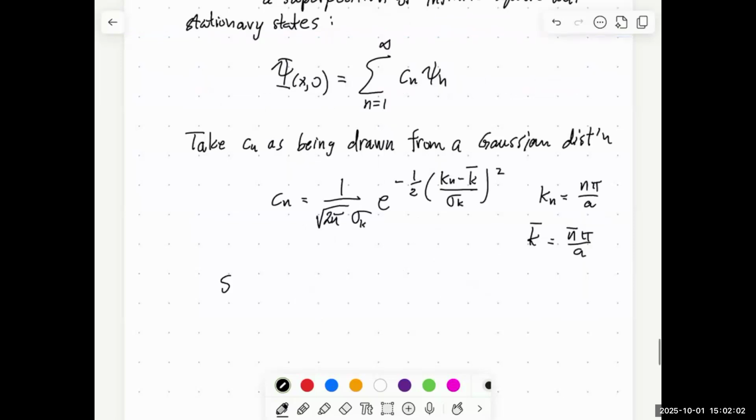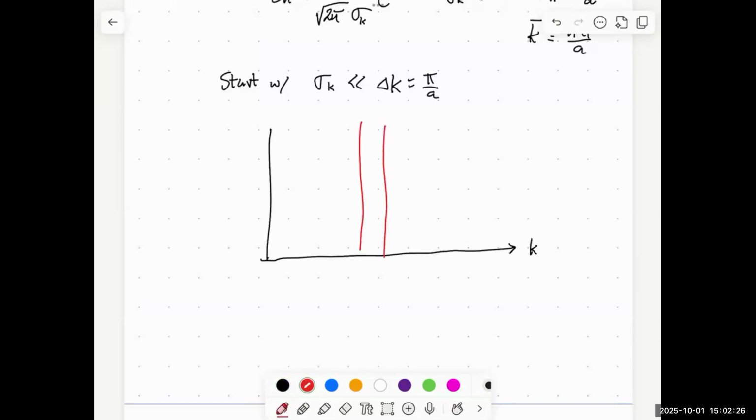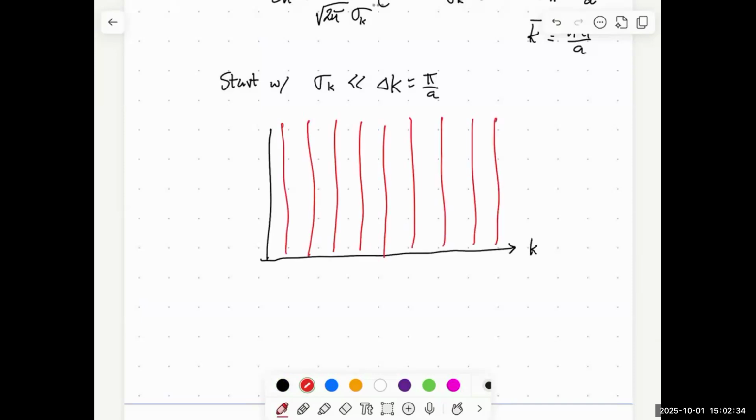What I'm going to do is start with sigma_k, the width of our distribution, much smaller than the spacing of our states. If you think of what that means, I've got allowed k values, marked by these red vertical lines, and the spacing between them is delta k.